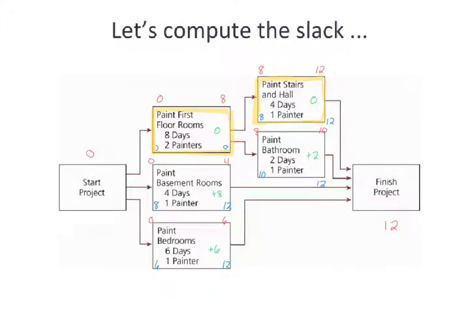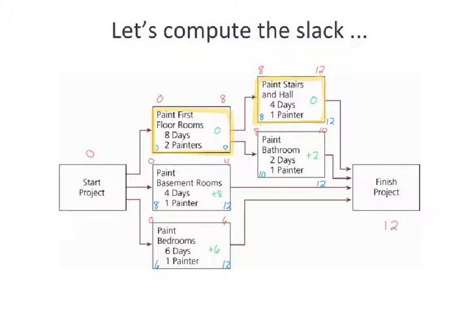I've here duplicated the slide from just a few screens back so that we can get this back in mind before we do the resource limited scheduling. Resource limited scheduling will be accomplished by paying careful attention to the slack within the project. And so let me remind you of that slack. Here we have the network diagram.